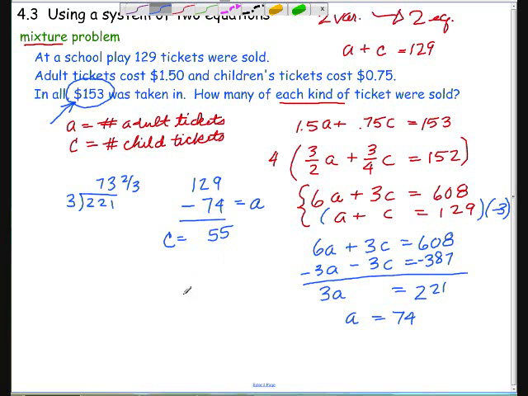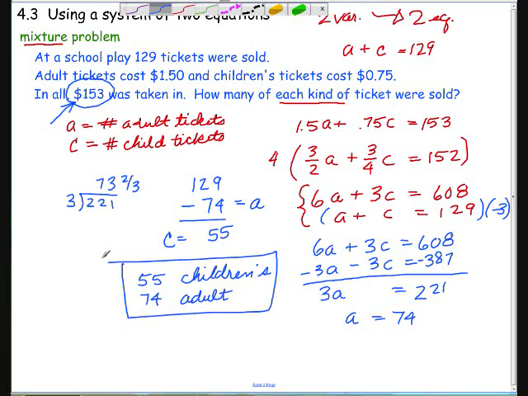Sold 55 children's tickets. Now when you give your answer, give it without any variables: 55 children's and 74 adult tickets. So there's our answer.